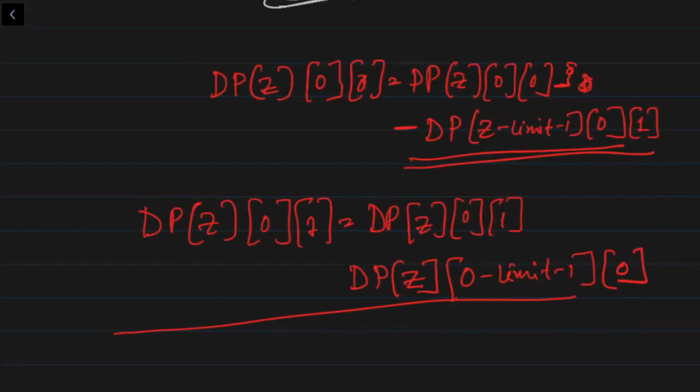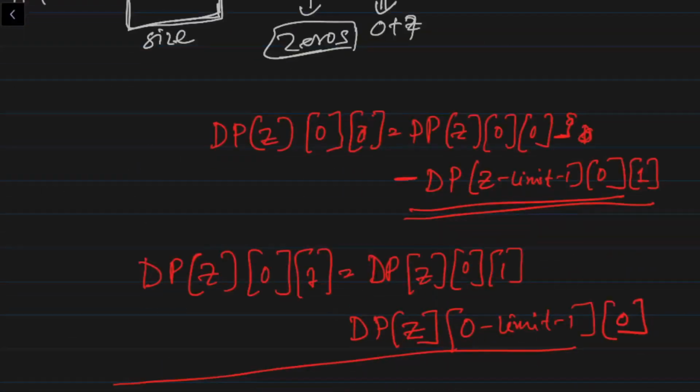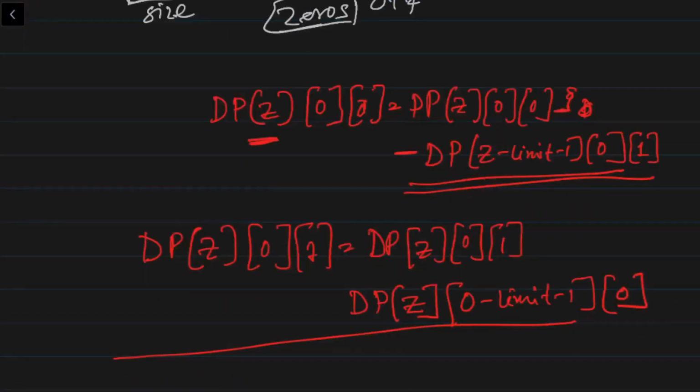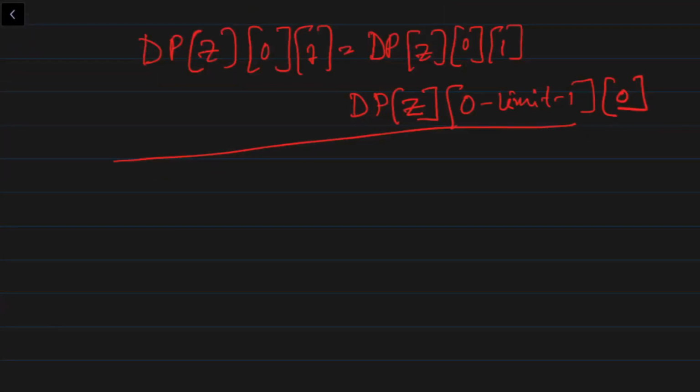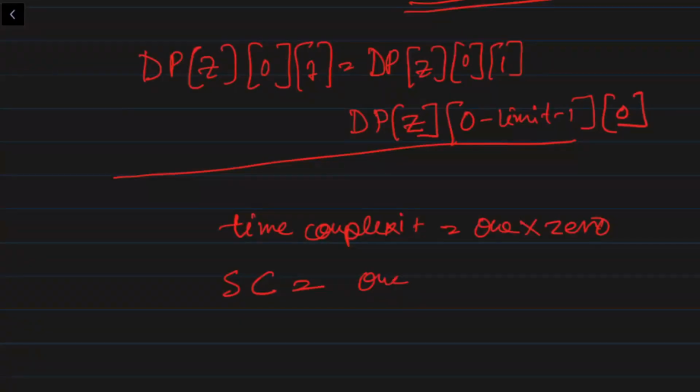So this is the high level of how we're going to progress in dynamic programming. If you look into the time complexity, for each and every z we have to check all the ones, so the time complexity for this dp is z into o. For the space complexity, we are taking z plus 1 into o plus 1 into 2, so it's kind of a z by o matrix.